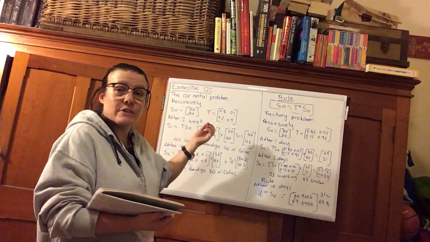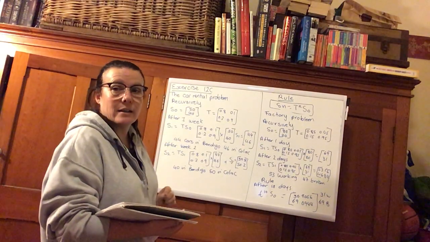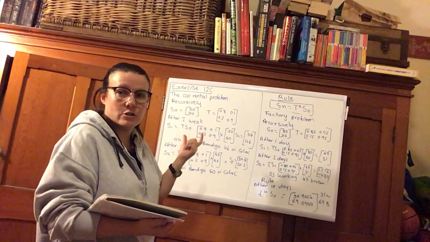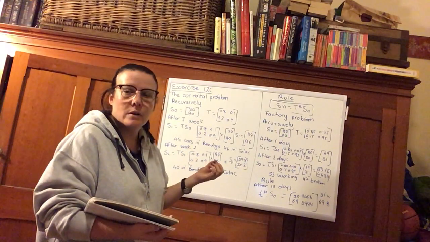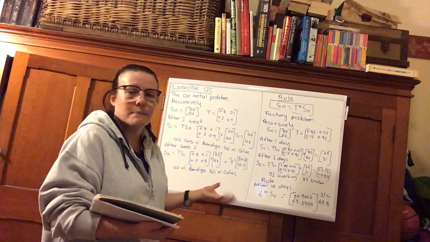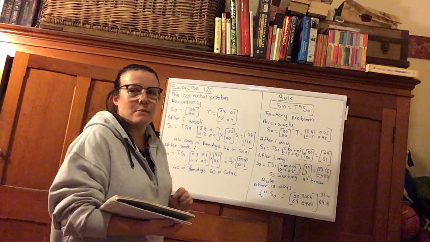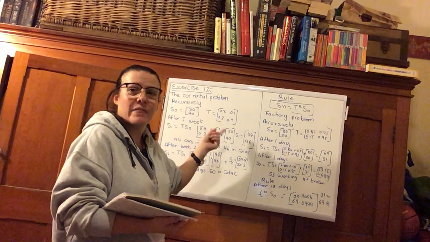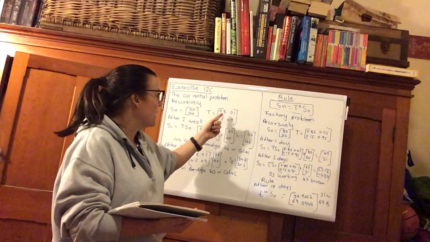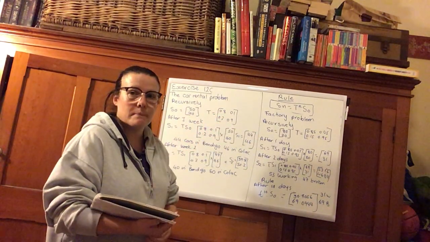So we've just said 50 in Bendigo, 40 in Colac. Okay, so that becomes my initial state matrix, my S0. It's the same as my V0 when we did finance. Okay? And I've got my transition matrix, which is the one that we worked out in our last lesson. 0.8, 0.2, 0.1 and 0.9.